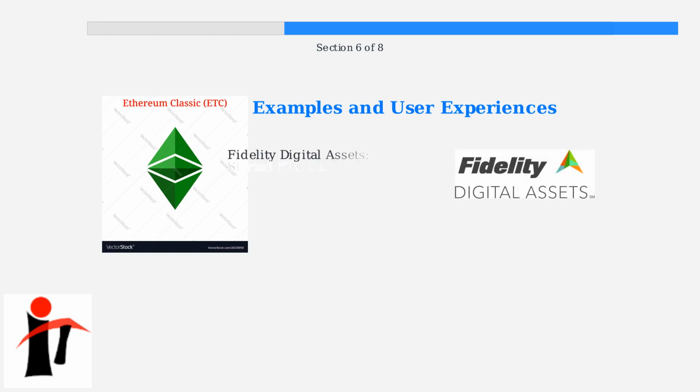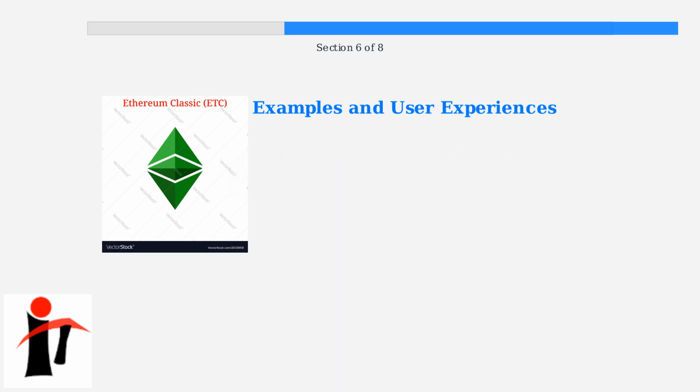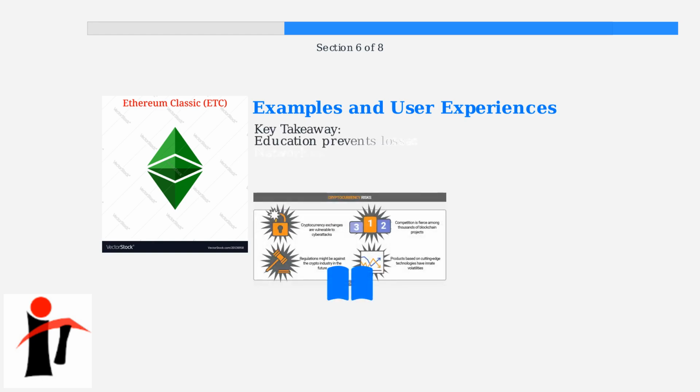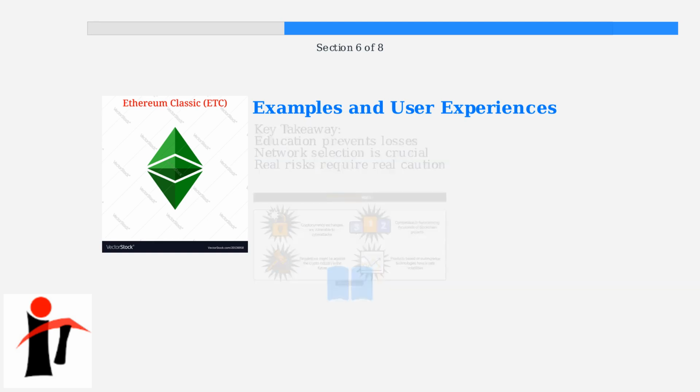Another example involves Fidelity Digital Assets, which began supporting ETC custody in 2025. This allows high net worth clients to deposit ETC via integrated wallets, providing secure and convenient access to trading on platforms like Binance. These cases highlight the real risks and rewards in cryptocurrency trading, underscoring the critical importance of education and proper network selection to protect your investments.